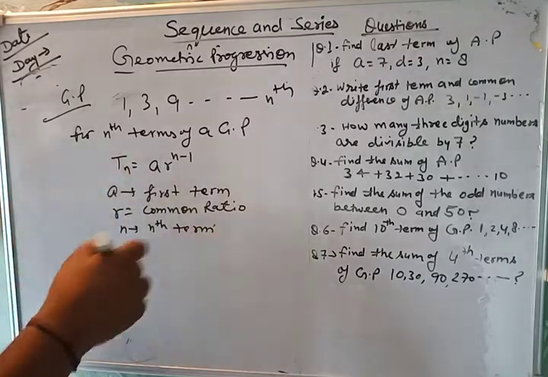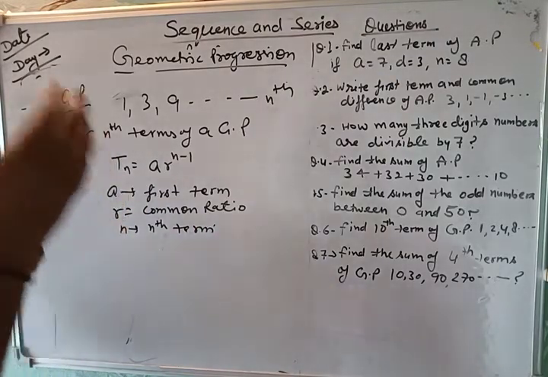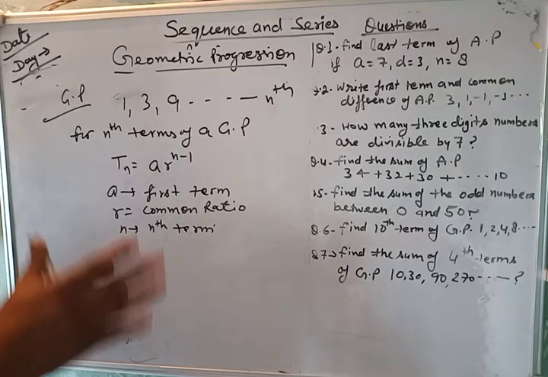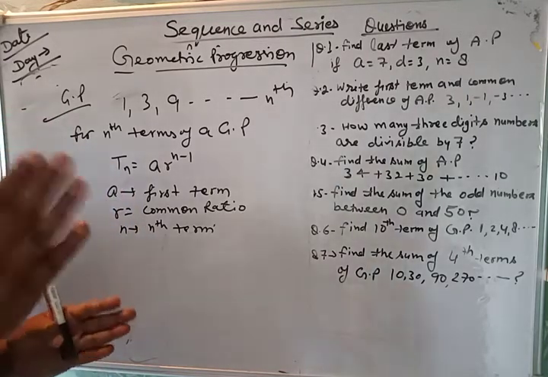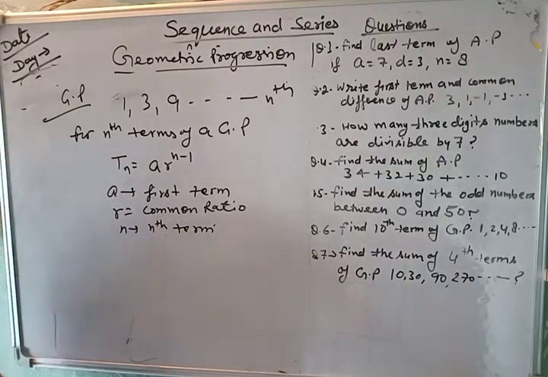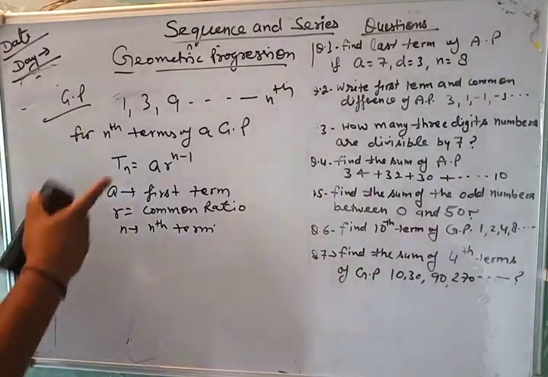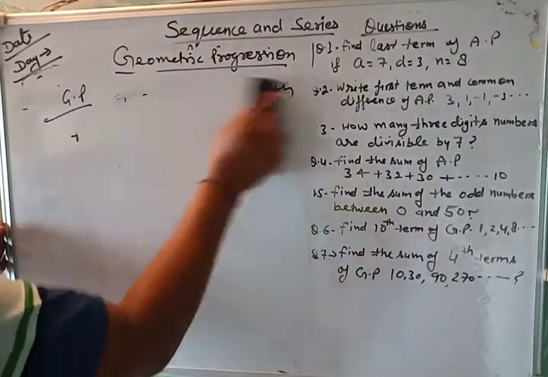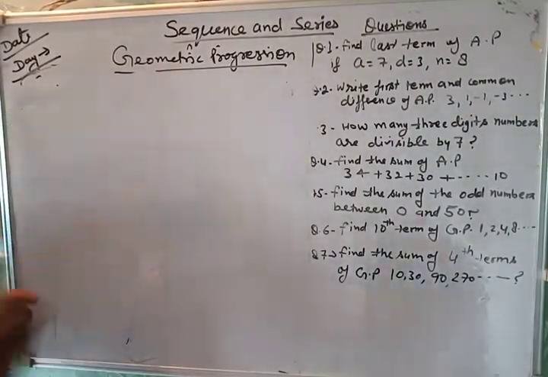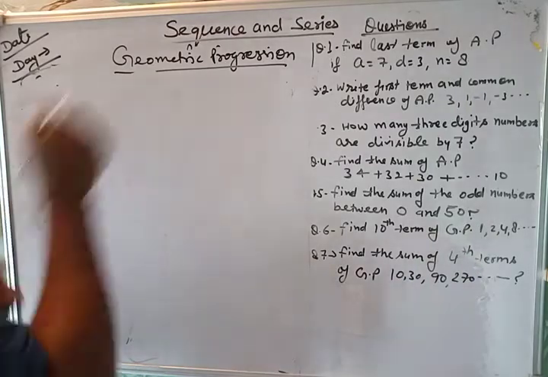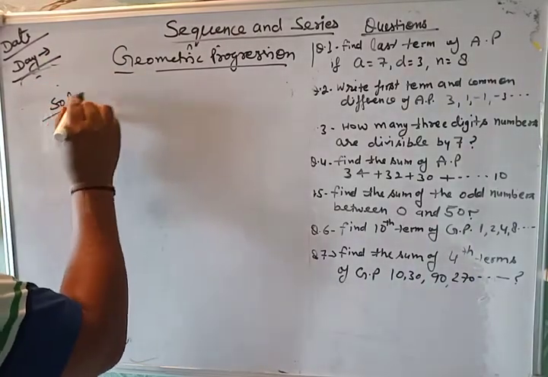Clear? So now here we are discussing geometric progression. It is not for 10th class but for 12th class and competitive examinations. So now we will solve question number 6 on the basis of this formula.